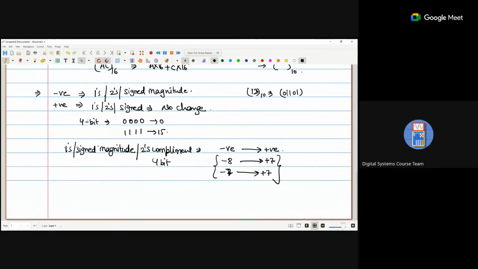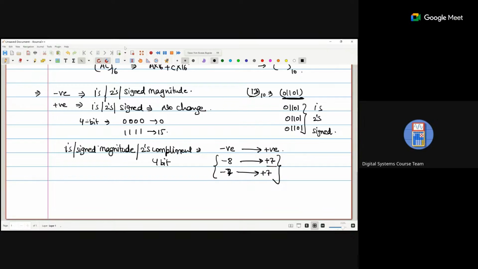So if we want to represent 13, we require 5 bits, because after +7 we have to add one more bit. For 13, being a positive number, the binary representation as well as the 1's complement, 2's complement, and sign magnitude are all the same.